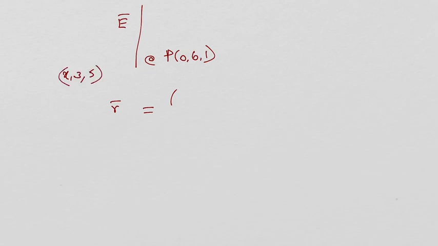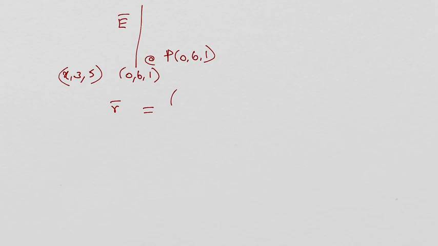So this kind of computation may also vary if electric field density is asked at a point, for example, instead of origin. If somebody says compute the electric field density due to this infinite straight line conductor with a uniform charge density, maybe at a point 0, 6, 1, then there are only a few variations. The source is at x comma 3 comma 5, whereas the point of observation is at, say for example, 0, 6, 1.